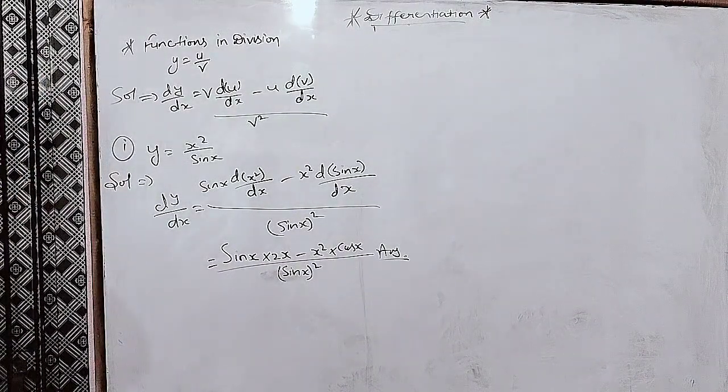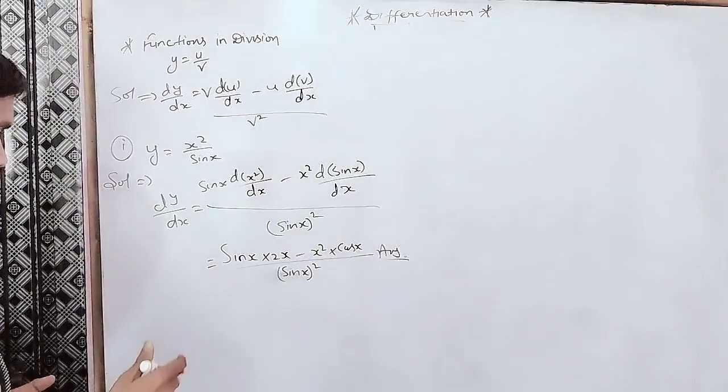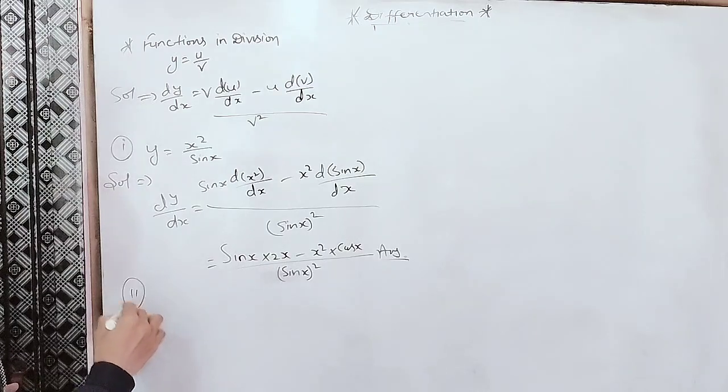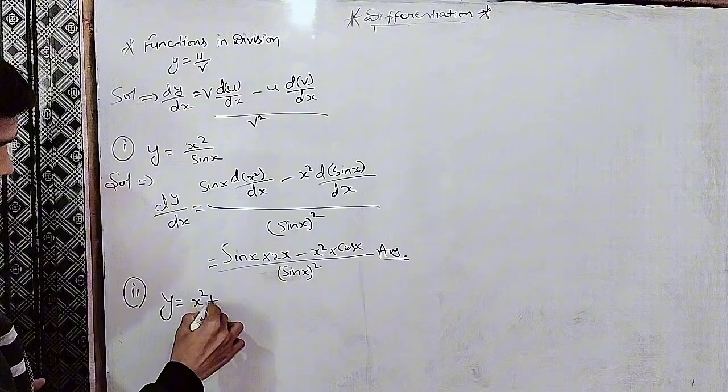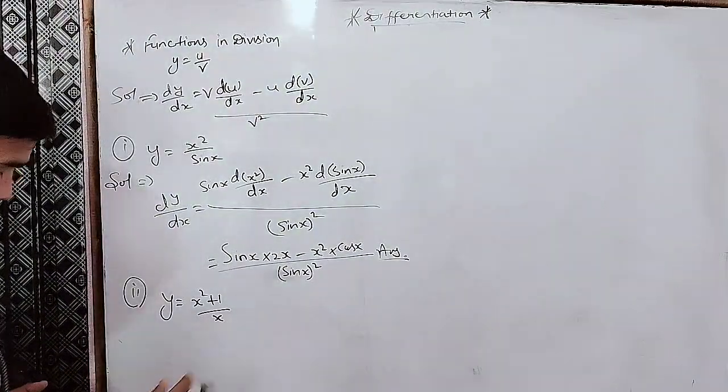Second question I am going to take. Second, I have y is equal to x square plus 1 upon x.